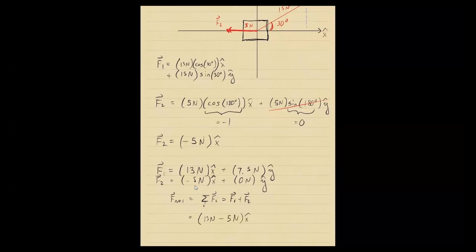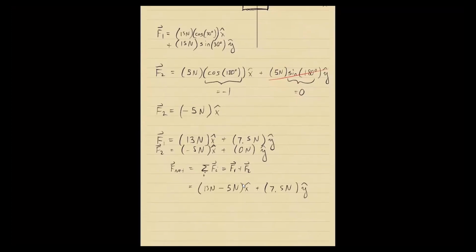That's our x component for our net force. And in the y direction, we have the y component for F1, 7.5 newtons, plus the y component for F2, which is 0. So 7.5 plus 0 is just 7.5.